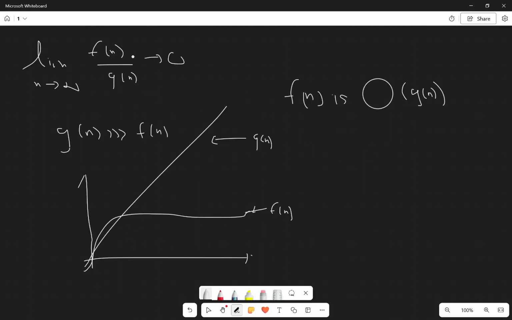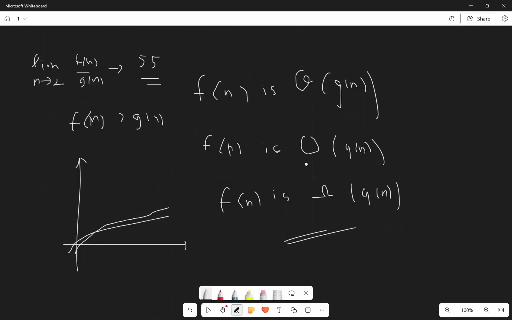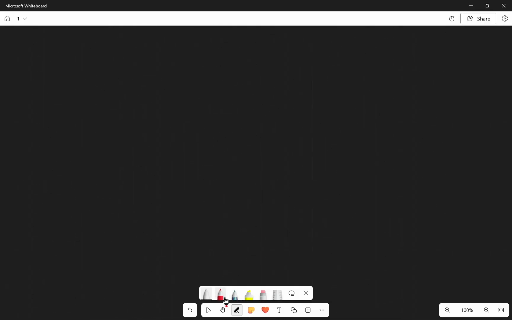So if it's a countable value, that means all three notations exist. If it's 0, that means only big O exists, and if it's infinity, that means big omega exists. Let me summarize this. We have the limit as it goes to infinity.